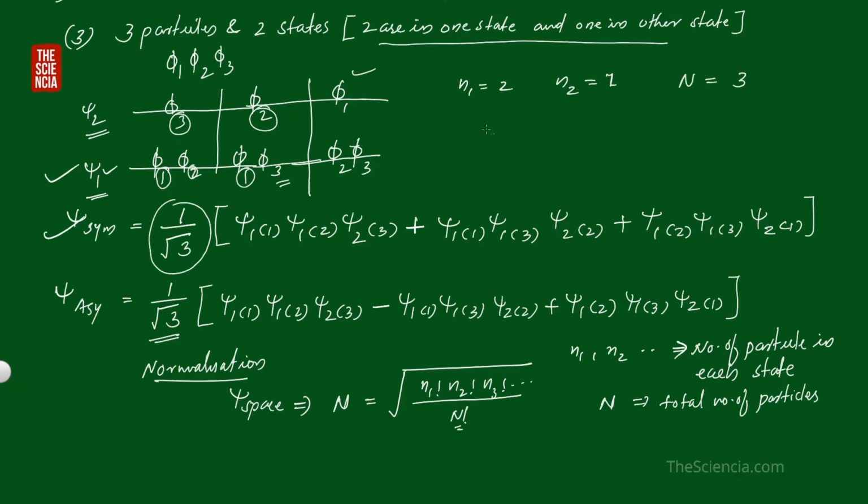So what is the value? N is equal to root of 2 factorial into 1 factorial by 3 factorial. That is root of 1 into 2 into 1, by 1 into 2 into 3. So we can cancel this, and we will get 1 by root 3. That is why we got the normalization constant N equal to 1 by root 3.